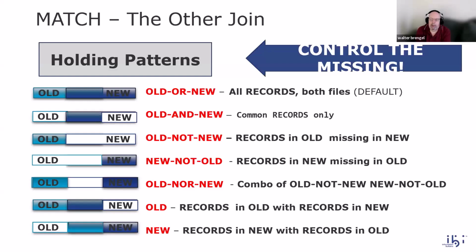You can do old and new, which will give you only what's in both. Old, not new, will give you records in the old, but aren't in the new. And you can see through the list. Another interesting one is old nor new, where you only get a combo of the old, not new, and the new, not old. So there's a lot of flexibility depending on what you want to see in your output.